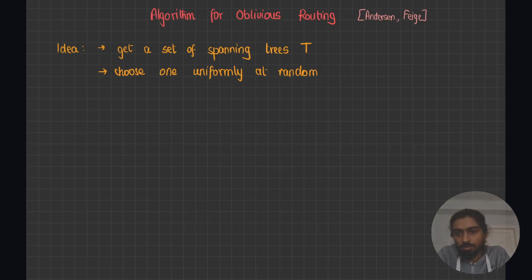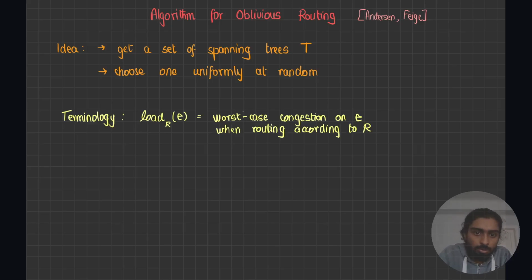So there are really bad edges and there are really good edges. So the idea is to get a set of spanning trees where the set of bad edges are sort of different each time. And so on average, each edge doesn't have really bad congestion. And so if you choose one of these uniformly at random, then this in expectation is going to have low congestion. That's what we want to do.